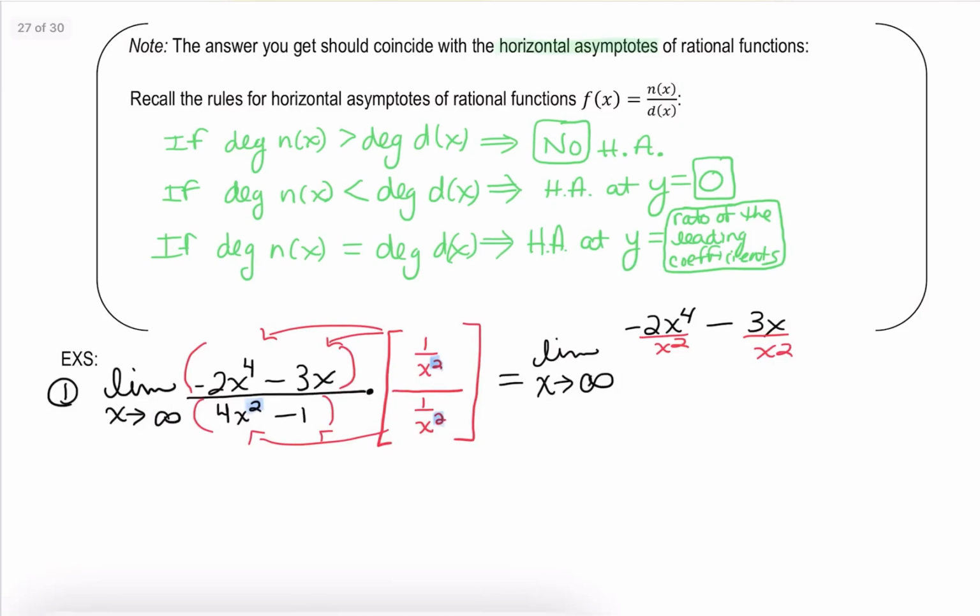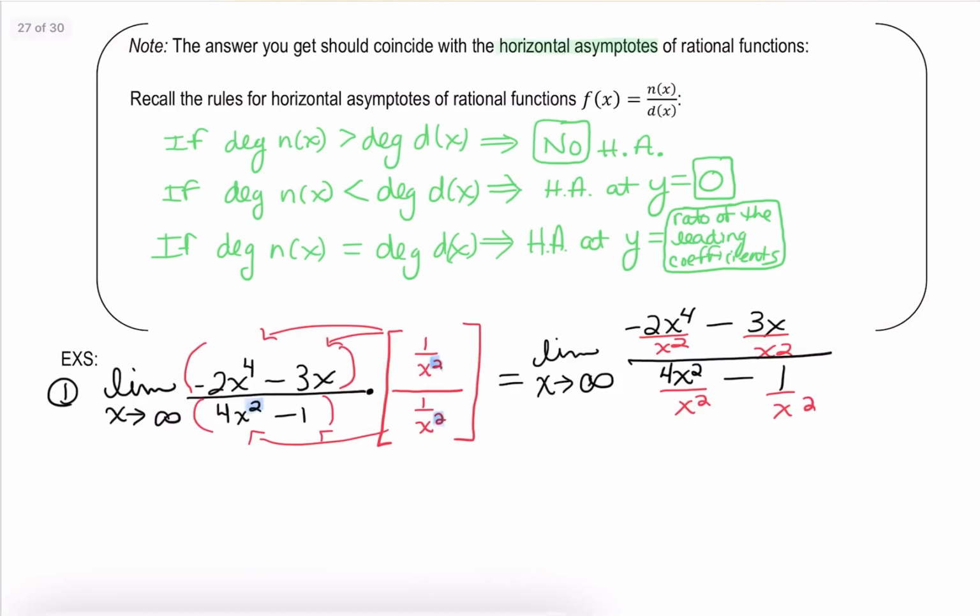And then that whole thing is divided by 4x squared minus 1, and again, I am dividing each term by my x squared. So the first step shows why it's legal, I'm multiplying by a version of 1. The second step might be the more practical place to start.